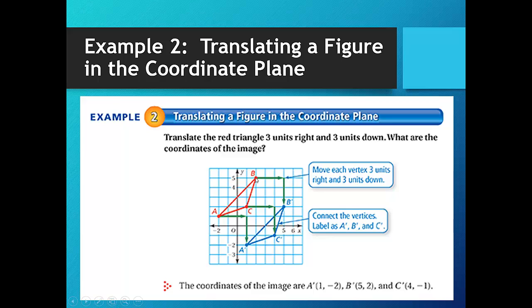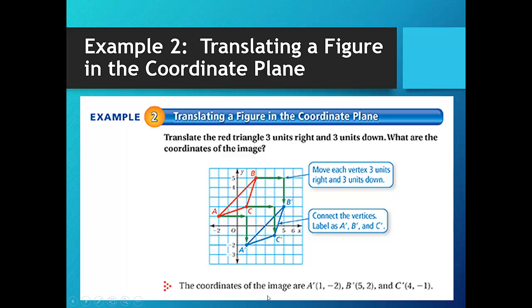If we look at B, we go to the right 3 and then down 3. That gives us B prime. And then we do the same thing for C. We go to the right 3 and then down 3, and that gives us C prime.